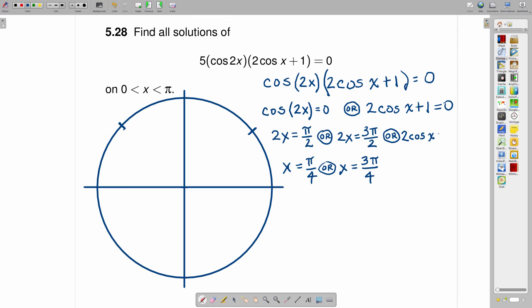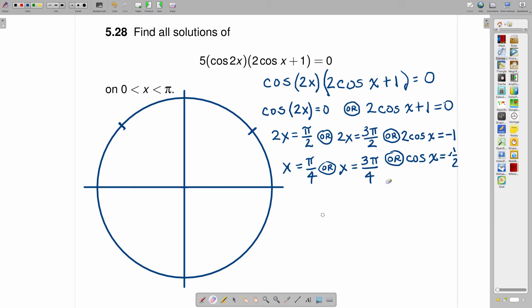When you subtract 1 from the right-hand side of the equation, you get -1. Next thing you can do here is divide both sides of that equation by 2. When you do so, you get cosine x equals -1/2.